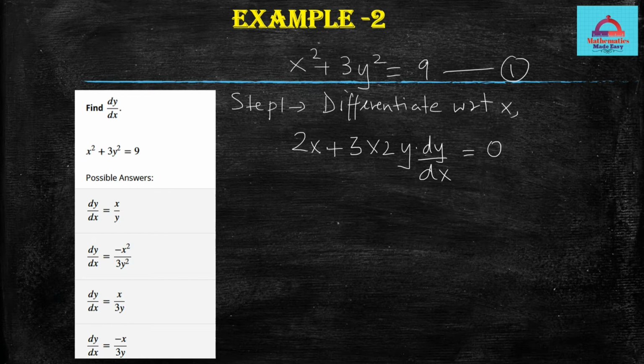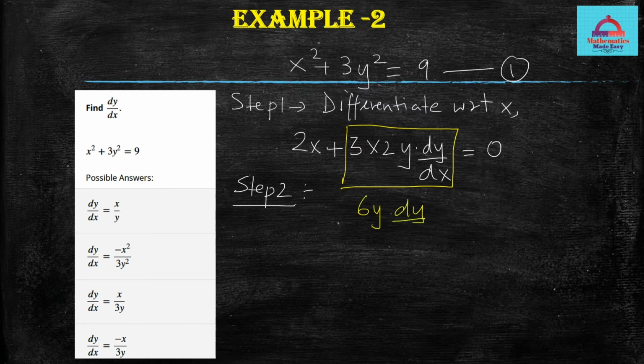Step 2 is to take the dy by dx term on one side. So you are going to keep this term which involves the derivative on one side and take your negative 2x on the other side. That gives you 6y dy by dx is negative 2x. Let's do step 3, which is going to be the final step for this question, where we are isolating our dy by dx.